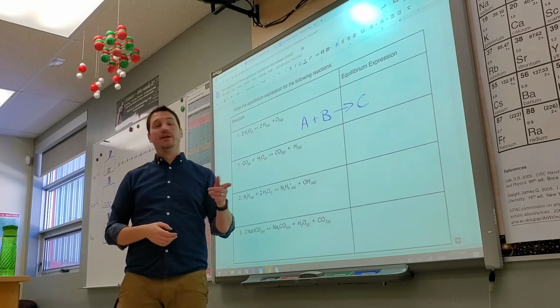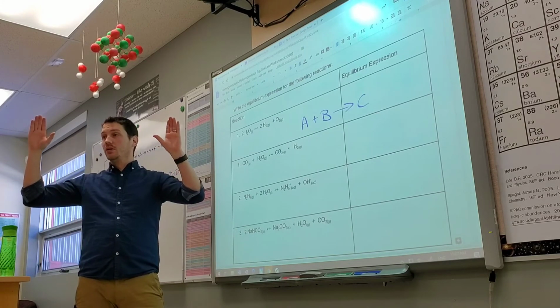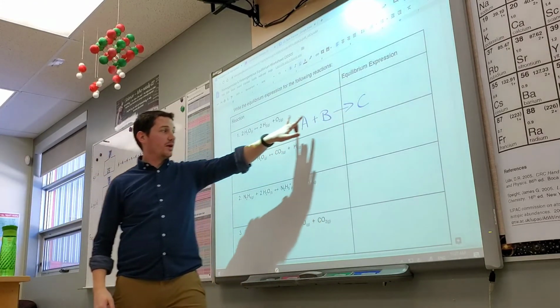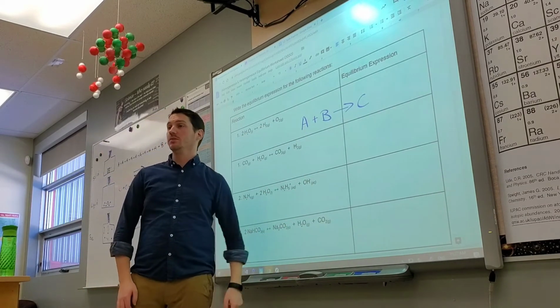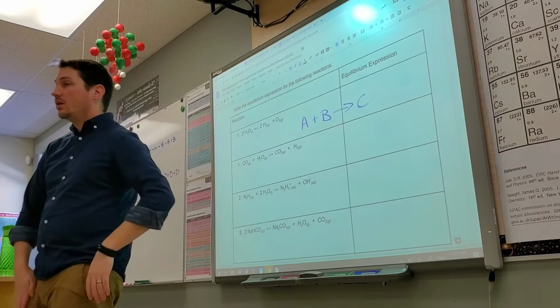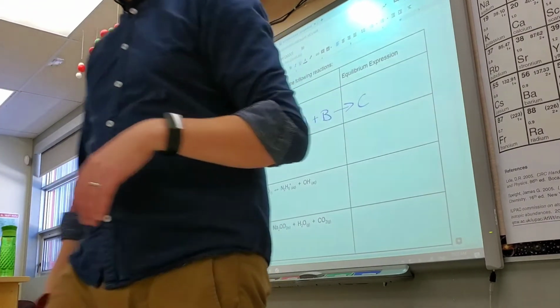C is the product. It's the same thing as here. It's always products on top, always the things on the right on top, always the things on the left on the bottom. Always, always, always.